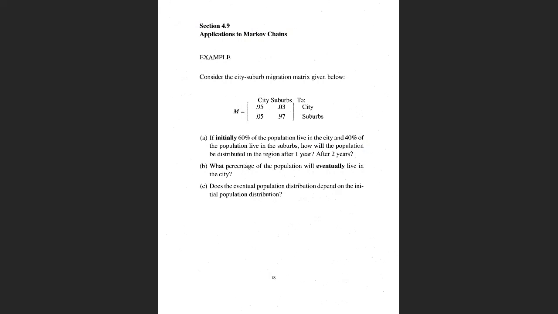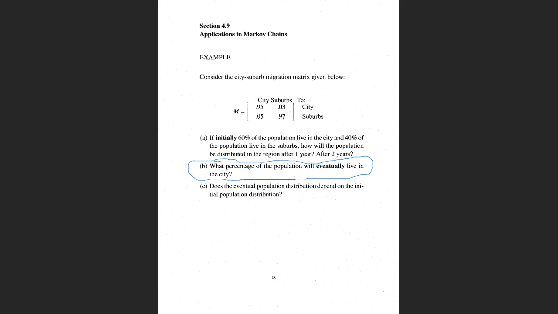Part B now says, what percentage of the population will eventually live in the city? This means after a long time, will the population stabilize? Will it settle? And the answer is yes. Because we have a regular stochastic matrix, there will eventually be stability.